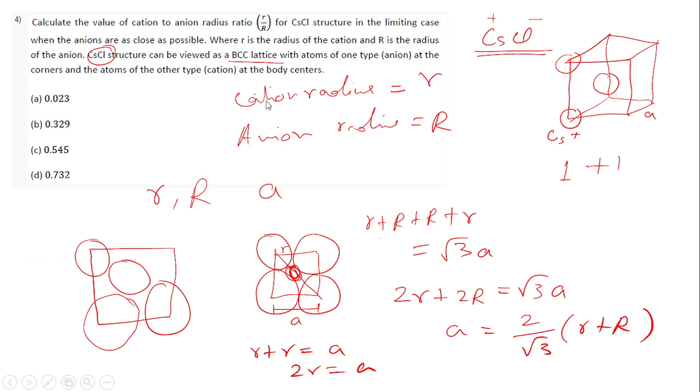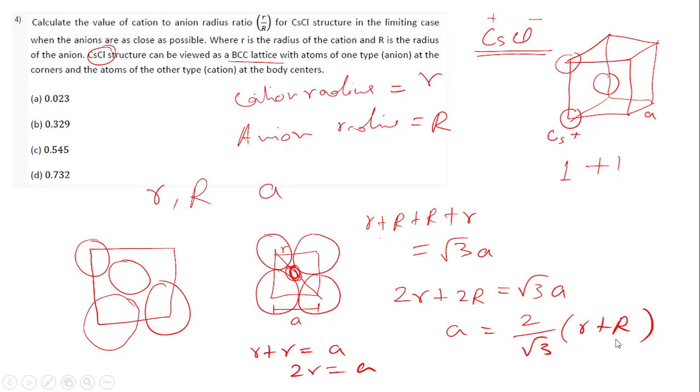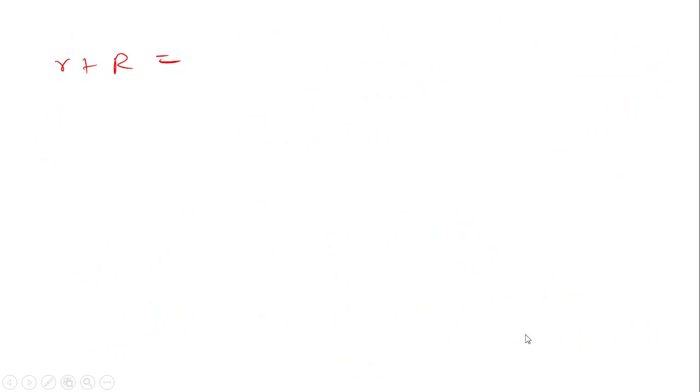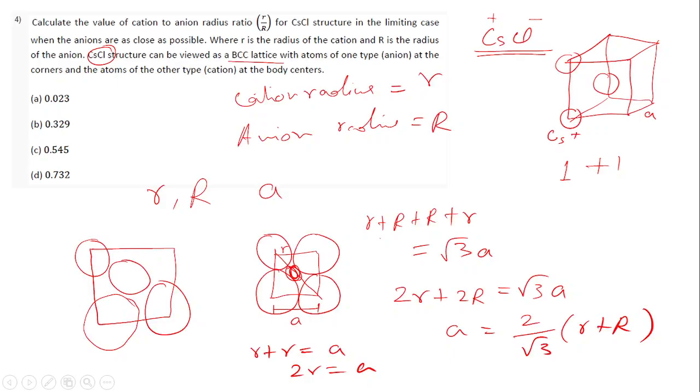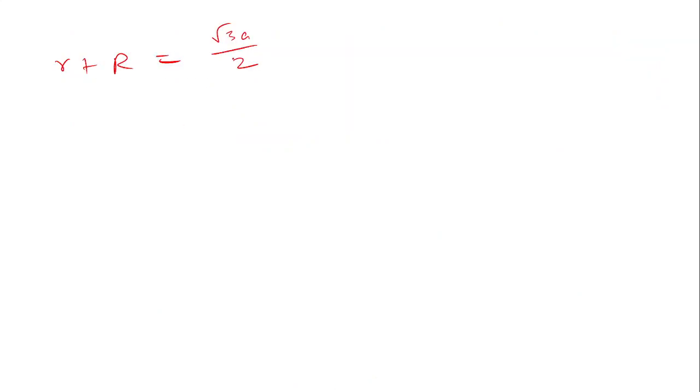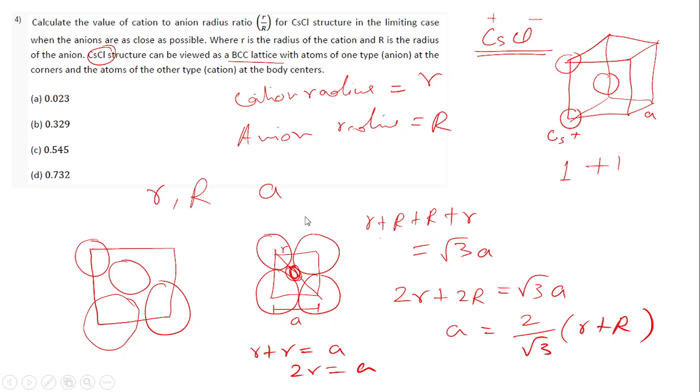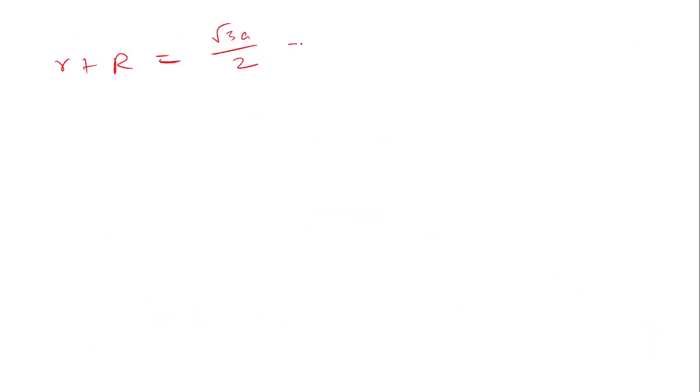So these are the two relations I found out. Now this r plus capital R will be root 3 a by 2, and from the second relation I found out a is equal to 2R.